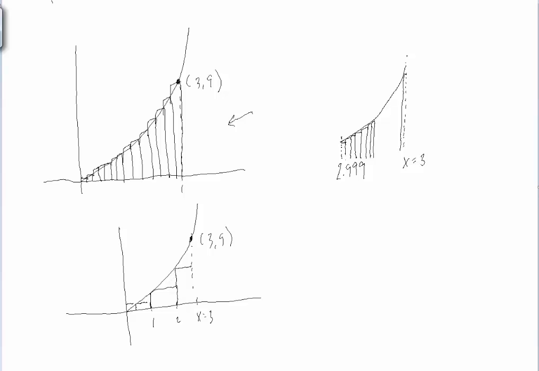As the rectangles get narrower and narrower, here's our parabola, here's x equals 3, and here's x equals 2.999999999. Again, we have a really tiny space. You can still make a bunch of little tiny rectangles.